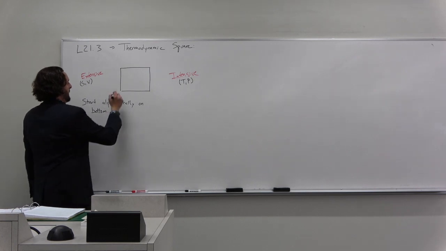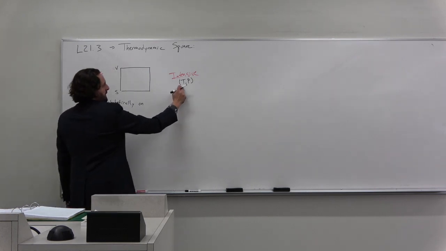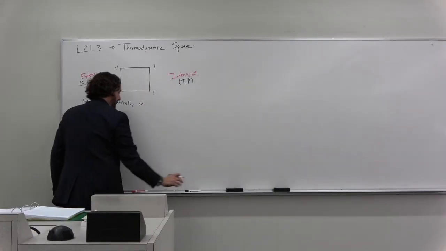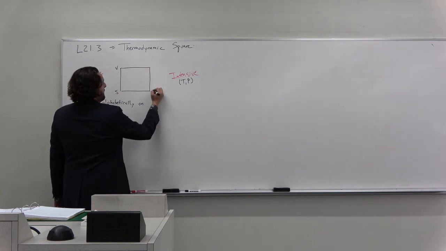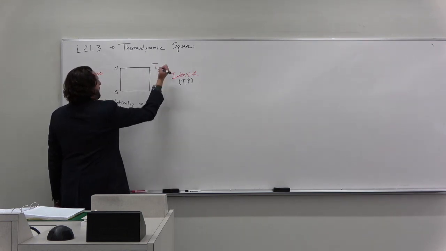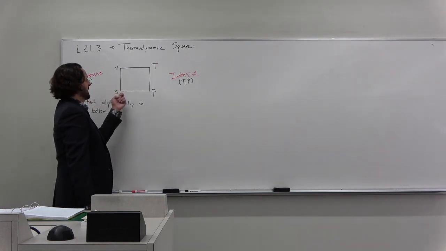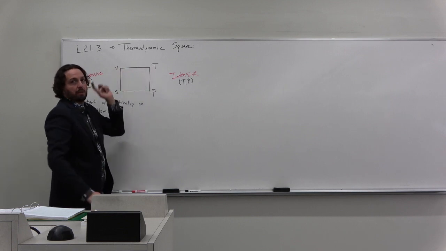All right, so that's going to be S and V and T and, nope, go on my alphabet. P and T. All right. So we're going to see that our thermal variables are linked on the corners and our mechanical variables are linked on the other corner.